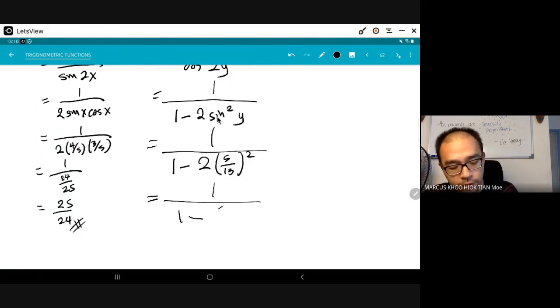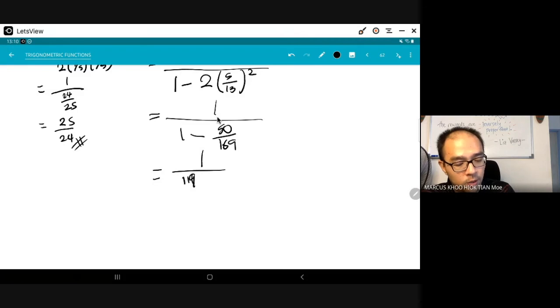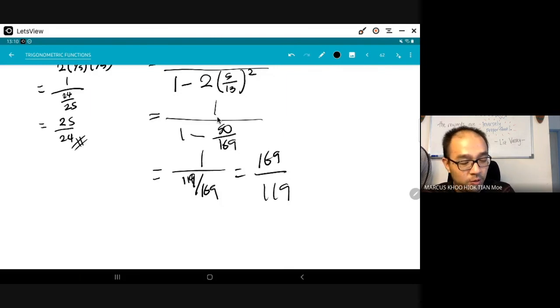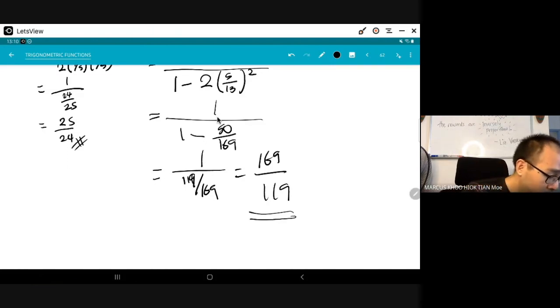This would be 50 over 169. 1 over 119 over 169, which will give you 169 over 119. Over 169 over 119. So this has been simplified already. 169 over 119.